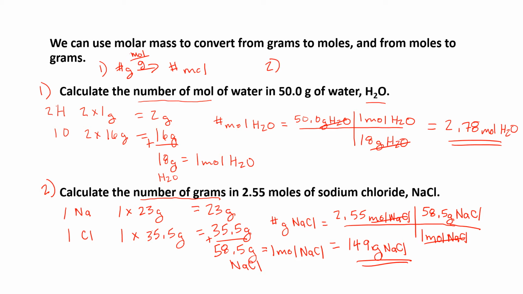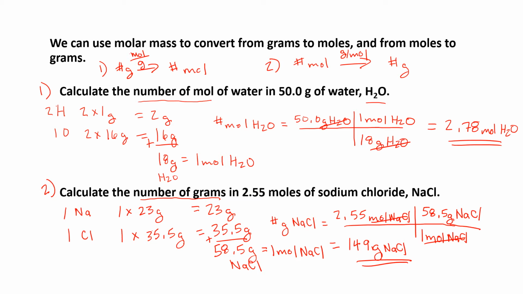And then in 2, we were going from number of moles of the substance to number of grams of the substance. And so whenever I do that, I need to multiply by the molar mass, which is expressed in grams per mole.